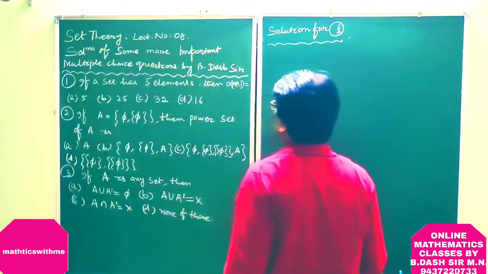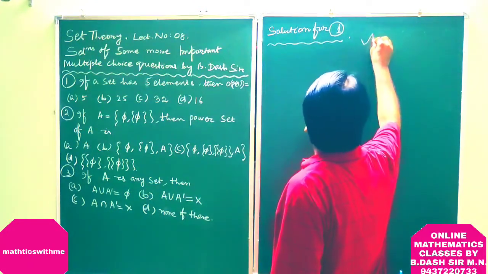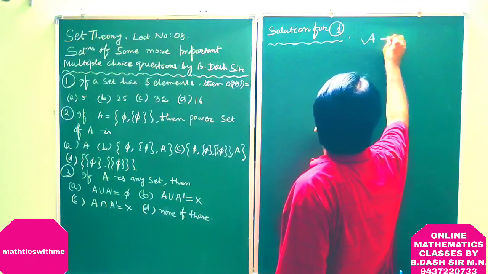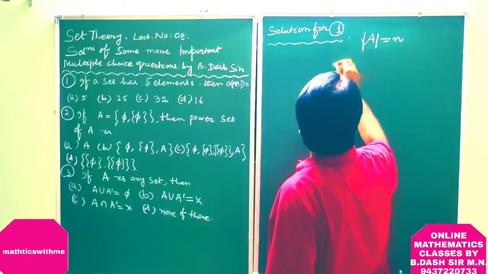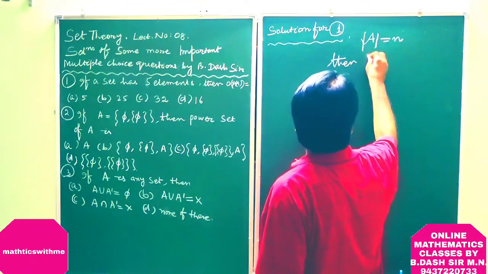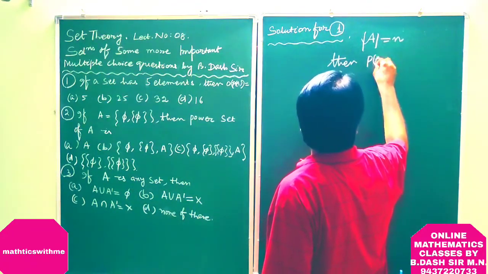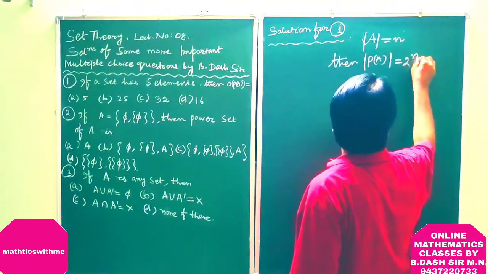For the solution, we know if a set A has n elements, then its power set will have 2 to the power n elements.